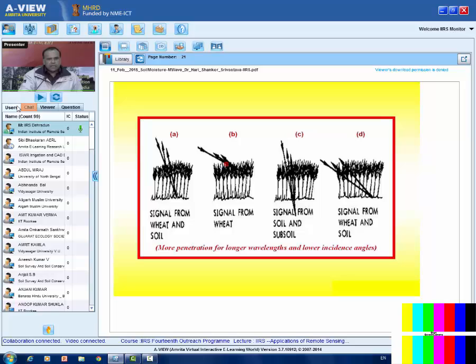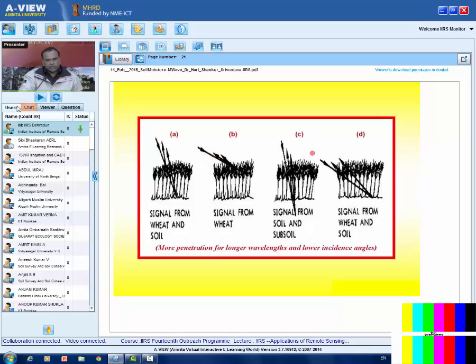Here the incidence angle is high, that is why we will receive the backscatter only from the crop canopy. But in case A, since the incidence angle is low, the signal is able to penetrate the vegetation and reach the ground. Why in case B is the signal not able to reach the ground? Because in this case the slant height increases. The slant height of vegetation increases due to the increase in incidence angle.